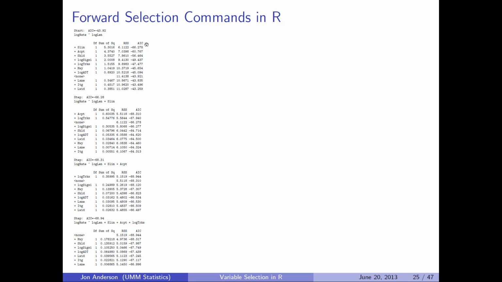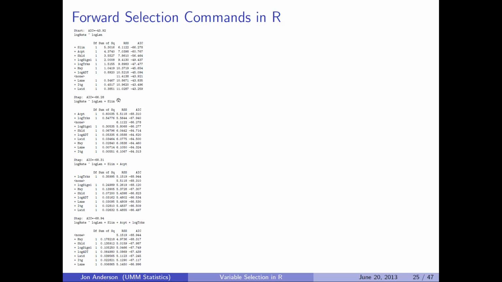Here are the AIC values for adding any of these additional predictors. Oh, and it even shows you what happens if you add nothing and just keep the model as it is. So what forward selection will do is it will add a term that most improves, reduces the AIC statistic, and that of course is SLIM.